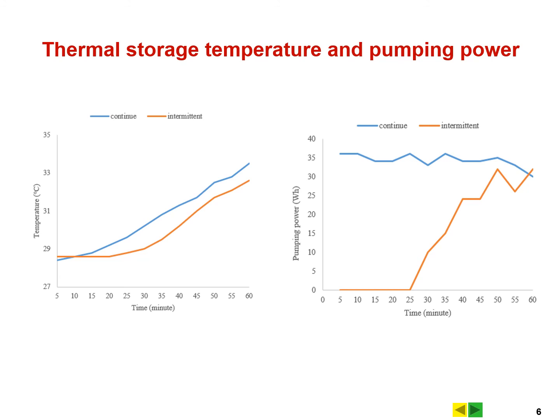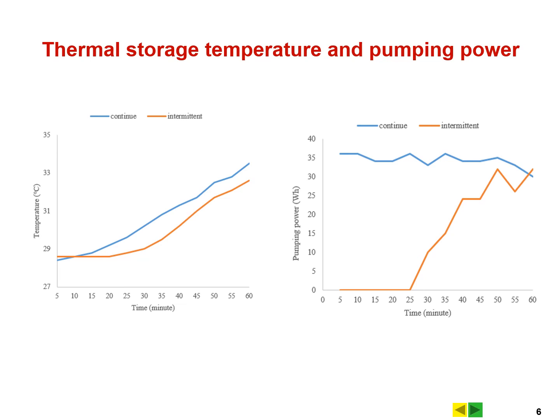Now let's continue with the figure on the right-hand side. This graph shows the comparison of the pumping power between continuous mode and intermittent mode in 60 minutes for one hour, and it is clearly seen that the pumping power for the continuous flow mode was relatively stable from the beginning.